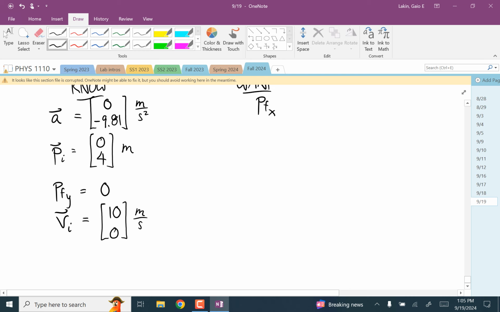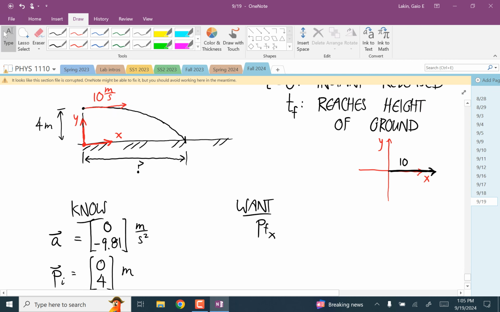And then do we know anything about the velocity at time final? 0. That is an easy thing to think, but it's not true, because remember that we are just calculating the velocity.